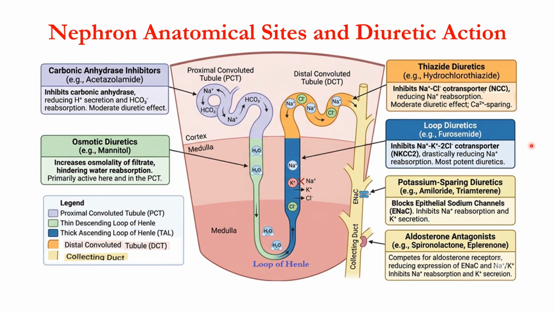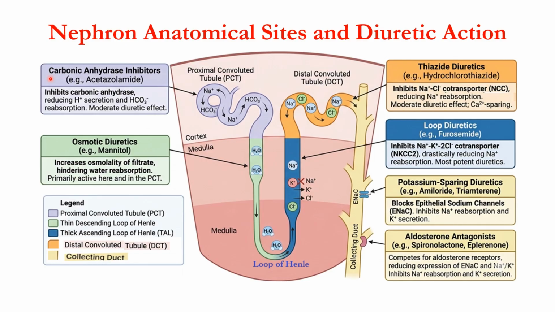Besides this, we also discussed in part 1 some diuretics like carbonic anhydrase inhibitors and thiazide-like diuretics. The carbonic anhydrase inhibitors, as the name indicates, inhibit the enzyme carbonic anhydrase so that they can reduce the hydrogen secretion and the bicarbonate reabsorption.